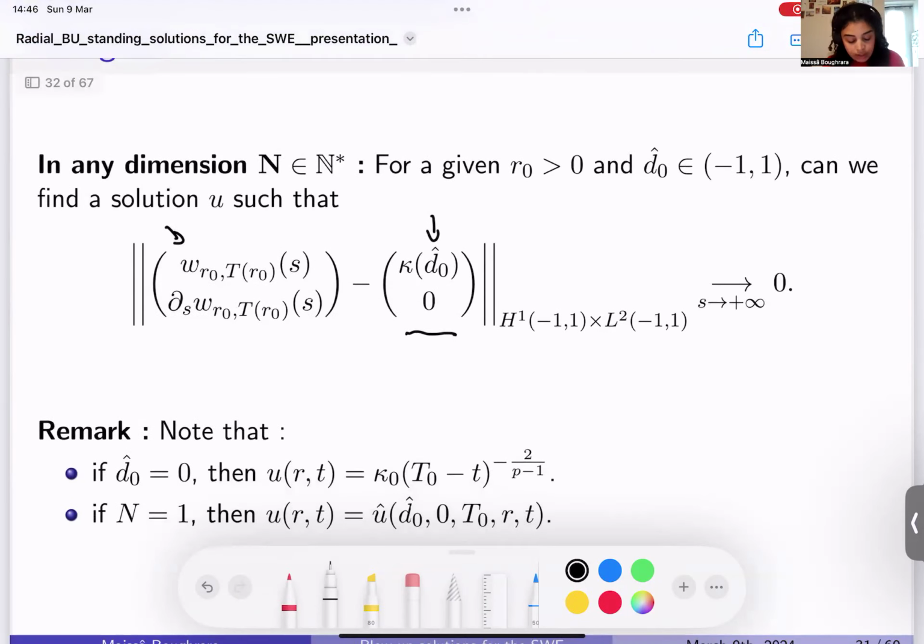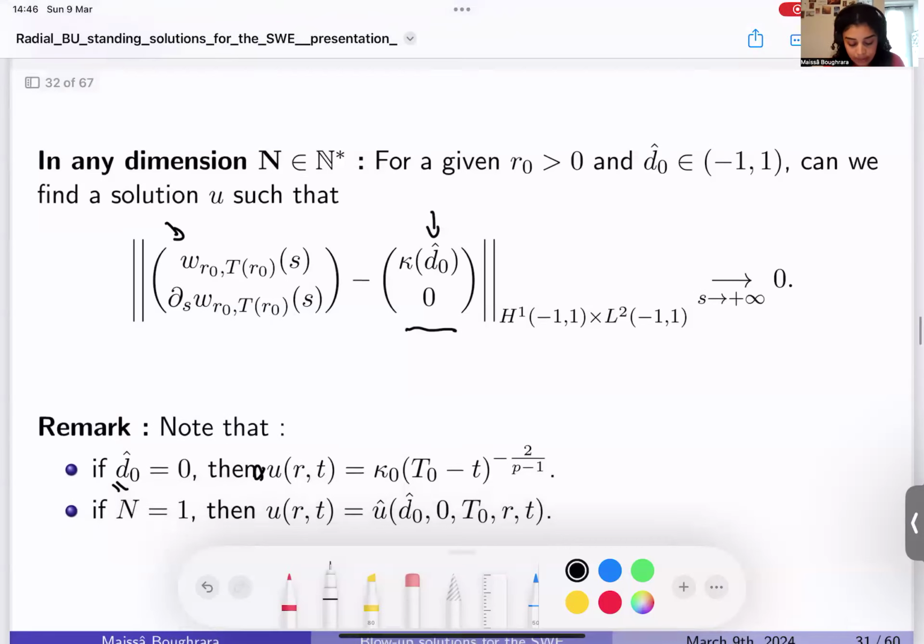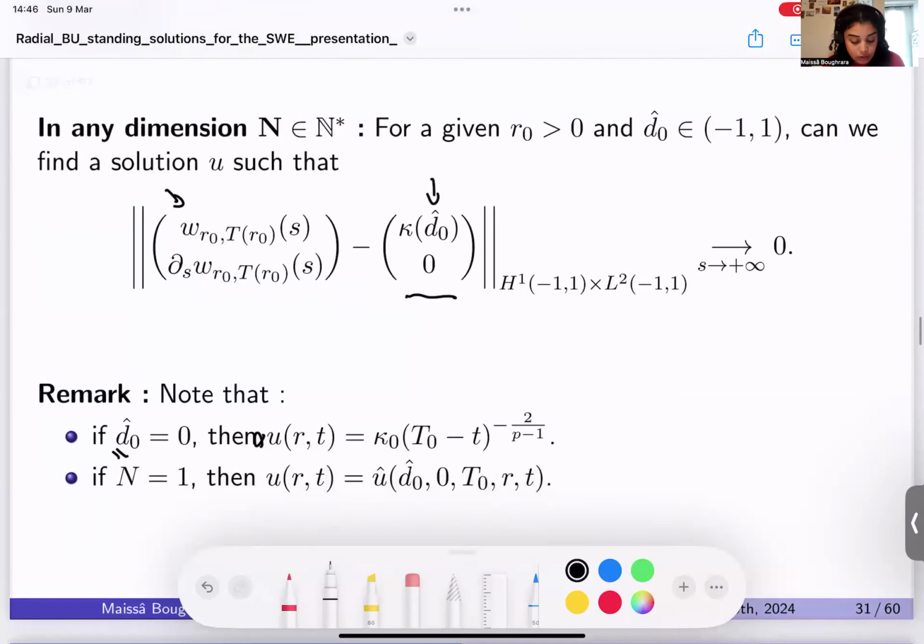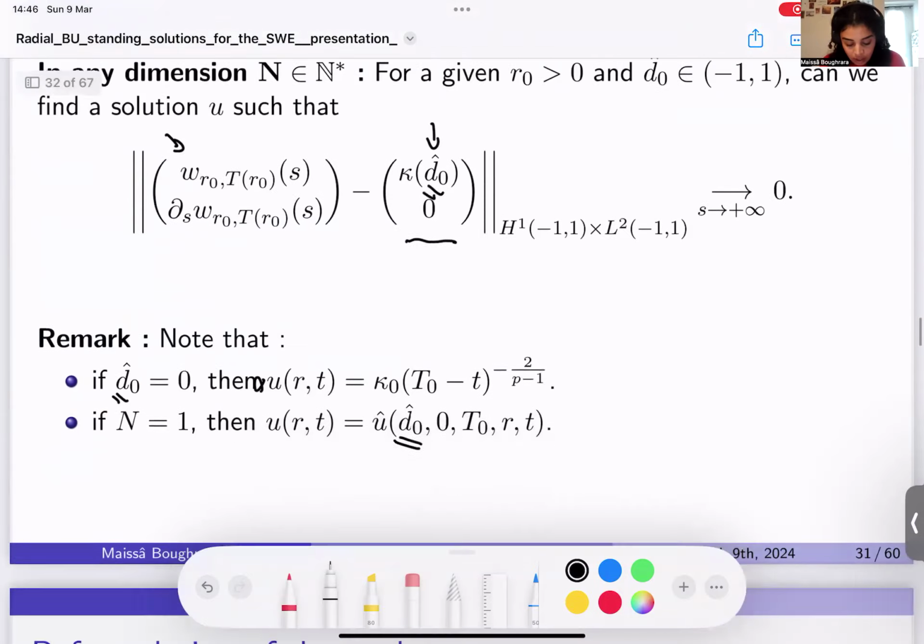Note that if we take d0 hat equal to 0, then the solution that converges to kappa 0 is explicit and is given by the following. So it's going to be a complete equality. And in the case of dimension one, we just take the family of solutions where the parameter is exactly the parameter of the profile, and we will have an equality, not just a convergence.